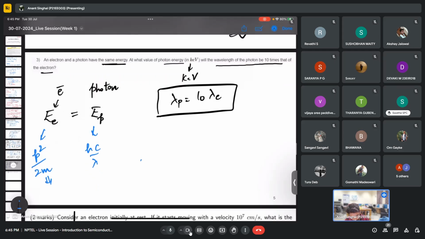And according to de Broglie, this p is h by lambda. So you can use all these things to get the answer. This is a purely numerical problem. You can take 2-3 minutes and let me know the answer quickly, otherwise I'll solve it.